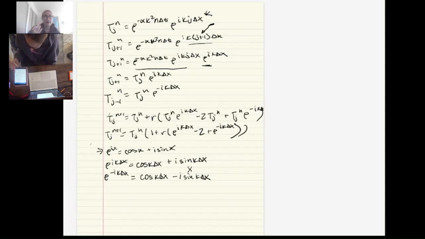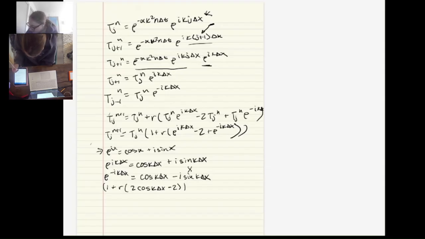So now we're going to try to figure out a function. This is due to r, and r is going to be multiplied by the T_j^n. I'll just rewrite this first. I'm only going to be looking at the 1 plus r times, so we have 2 of the same thing, so it's 2 cosine of k delta x minus 2.